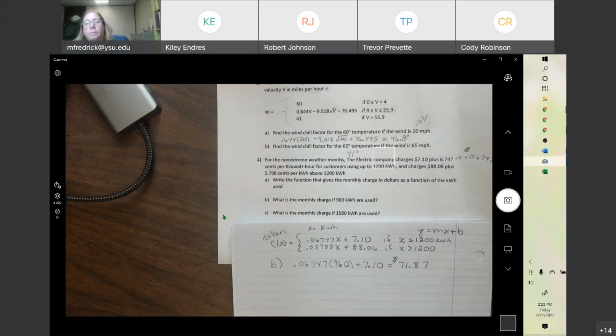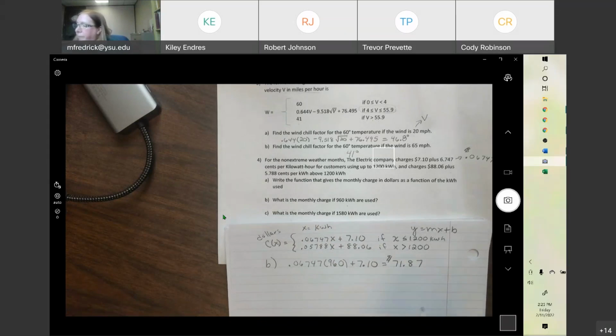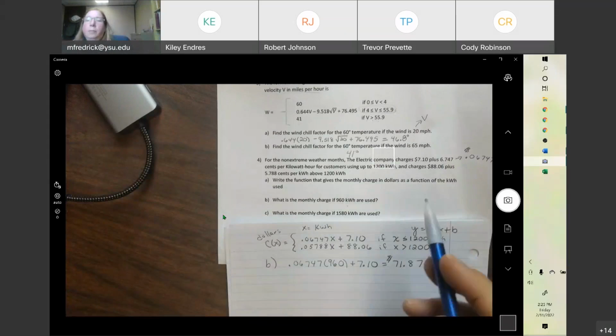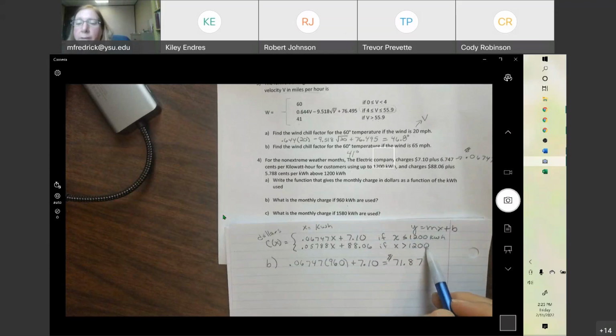No. Okay, go ahead and find the monthly charge if it's 1,580 kilowatt hours. So 1,580 is greater than 1,200.